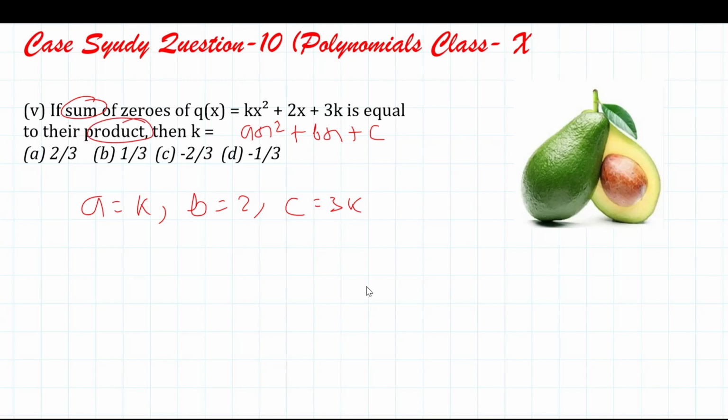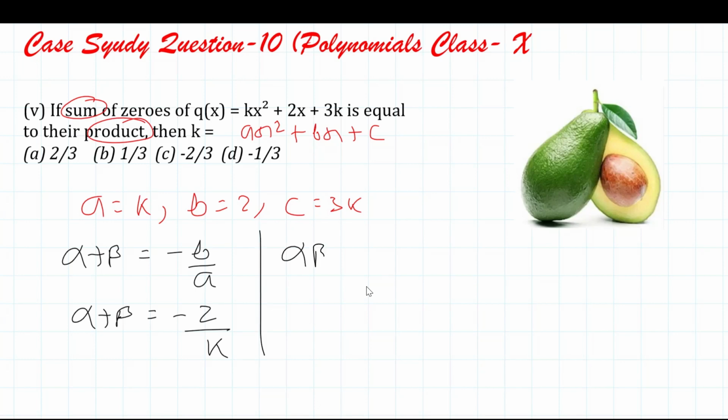Now, what next? They are talking about the sum and the product. So what is the sum of the zeros of a polynomial? Sum is alpha plus beta, which is minus b over a. So alpha plus beta comes out to be minus of b, that is negative 2, over a, which is k in this case. And if I find the product of the zeros, it is what? c over a.